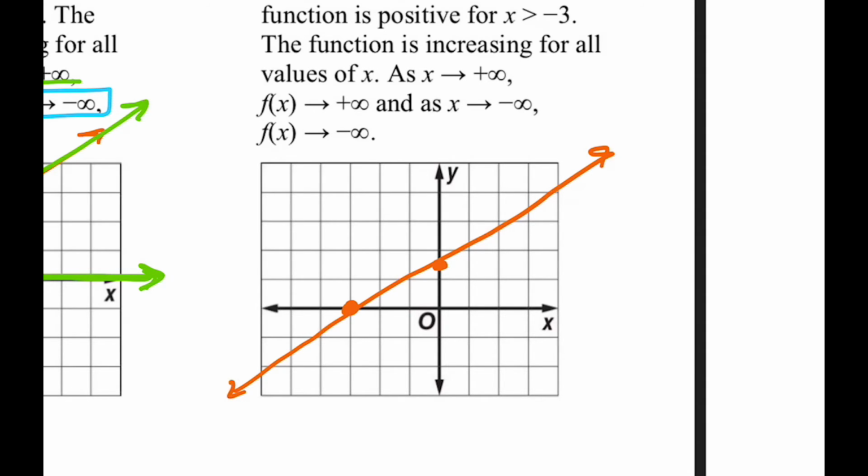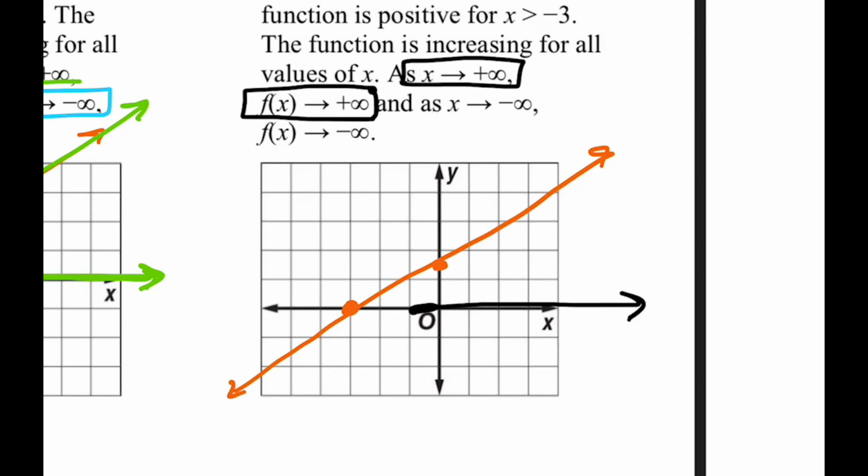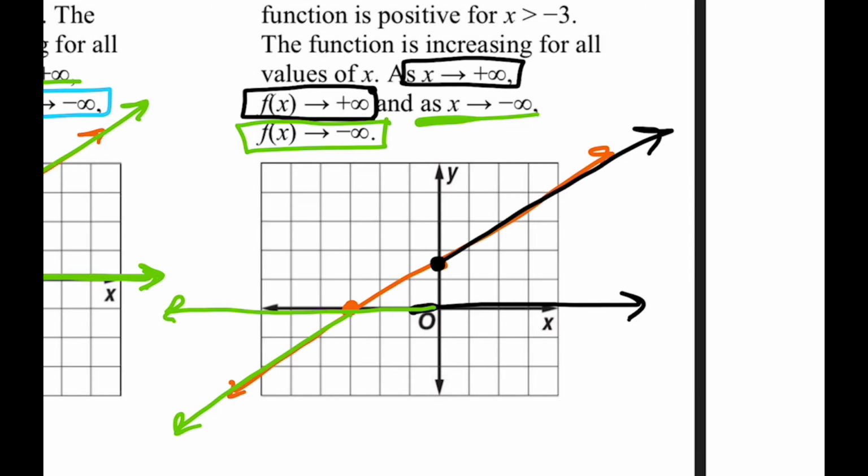Okay, so as x approaches infinity, the function goes to a positive infinity, and that does bear out. So far so good. Next, as x approaches negative infinity, as I go to the left, the function is negative, and that also bears out.